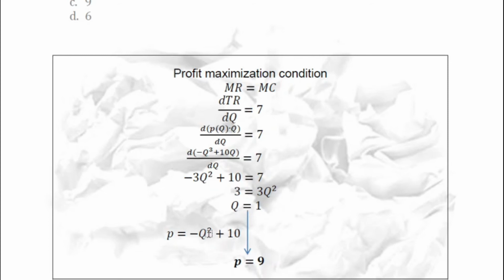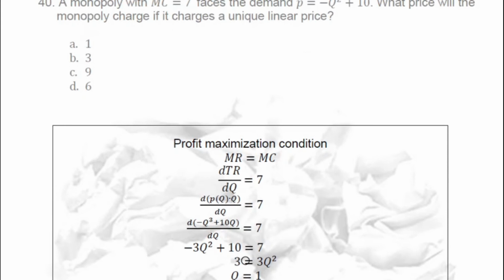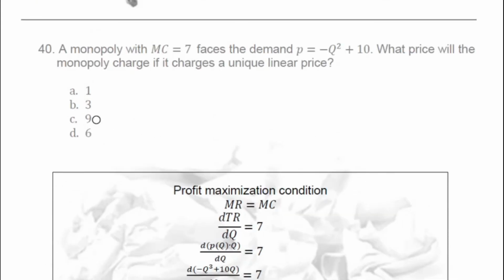And if q is 1, we go to the demand as always, and price should be 9. Okay, so as you can see, we usually have linear demands, but if we don't have linear demands, the exercise is the same, of course. We just can't use the trick.